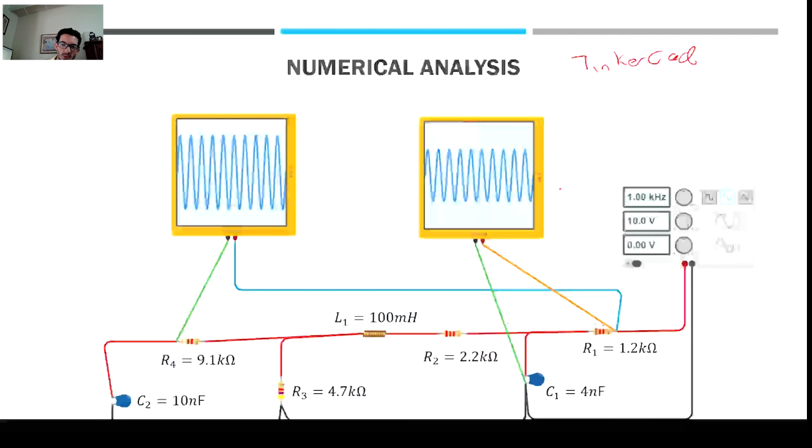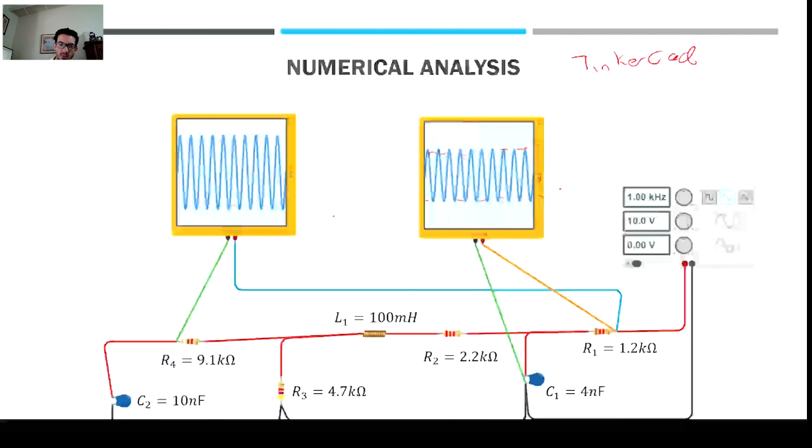If you were to compute or measure with an oscilloscope the voltage from the source, which is this node and that node, notice that this is a ladder network. The voltage from the source is basically, this is a little small here, but this is 20 from here. This is negative 20, this is positive 20. Therefore, the middle point around here is 10 and negative 10. So it's 10 volts. And that is the voltage from the source.